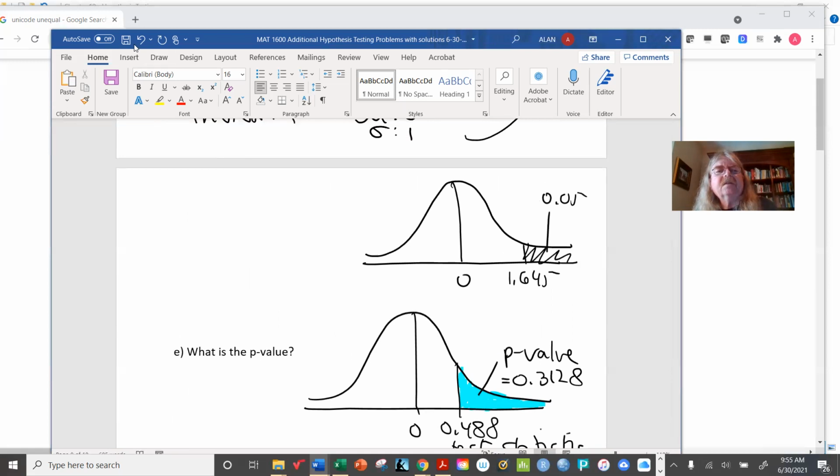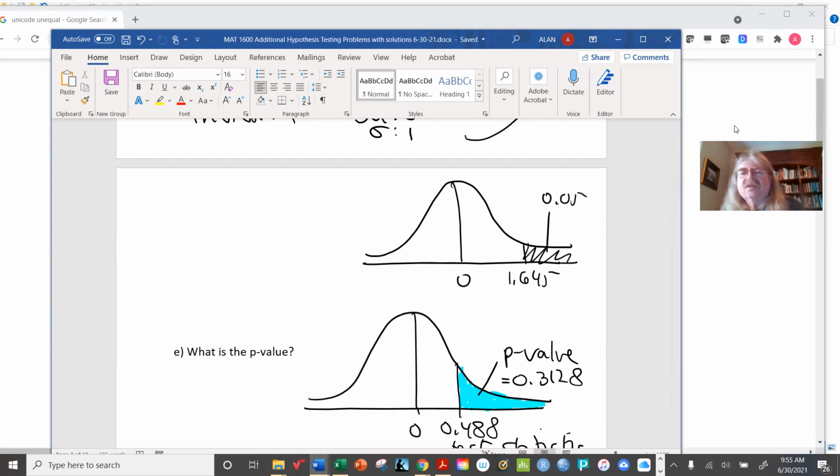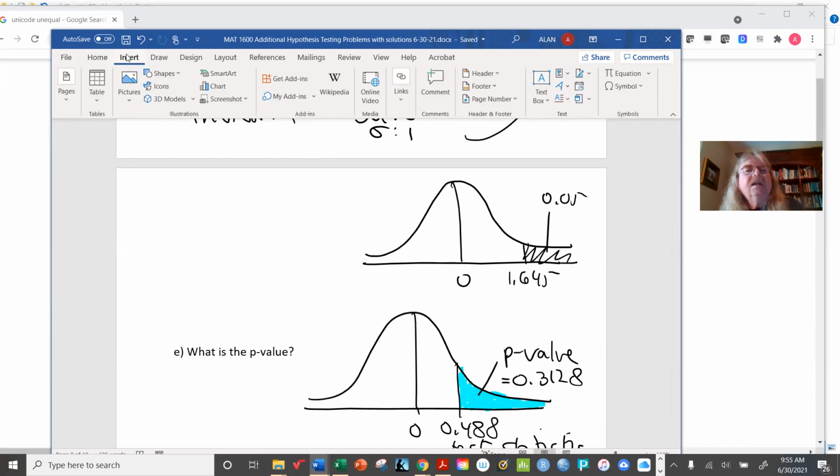This was a very thorough, I thought, review of every conceivable detail you could encounter when testing hypotheses about the mean or the proportion. So study these well. Now, you already have the final one. What am I saying? All you have to do, I remember now, is do these chapter 9 and chapter 10 problem sets.